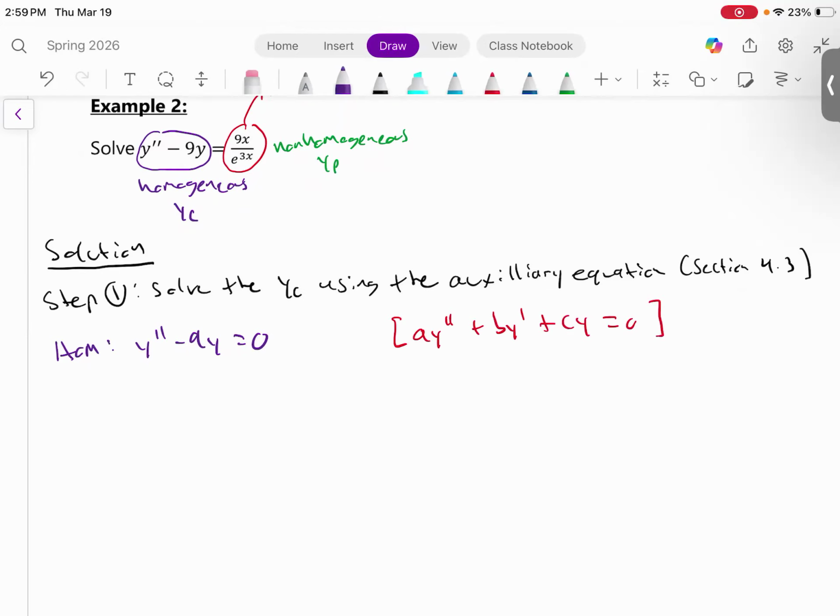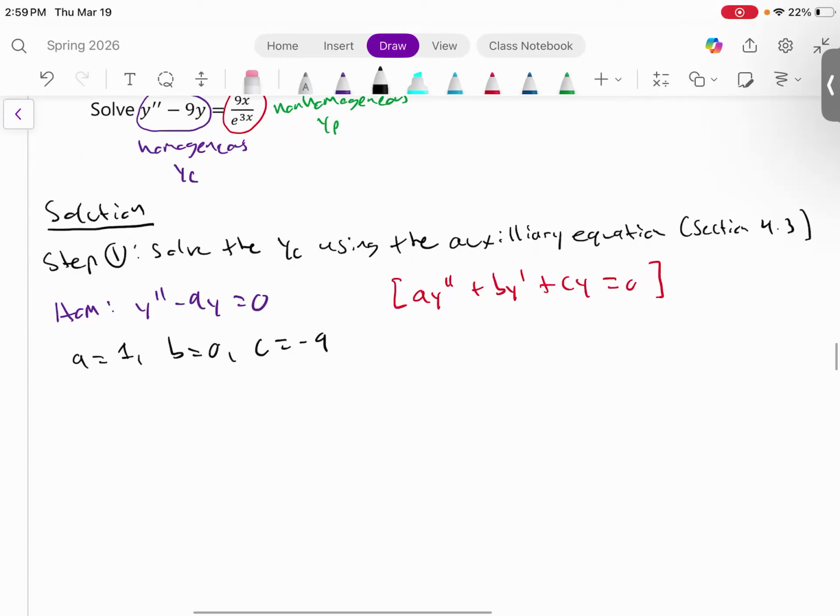So here a equals 1, b equals 0, and c equals negative 9. So when I set up my characteristic equation, that would be 4m squared plus or minus 9 equals 0.